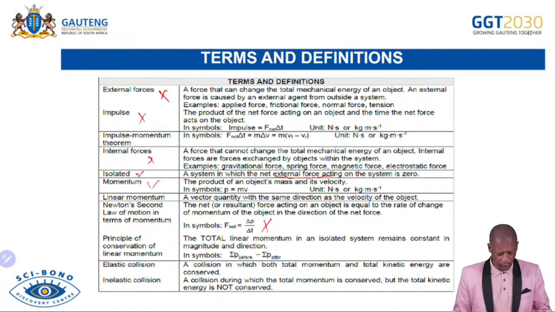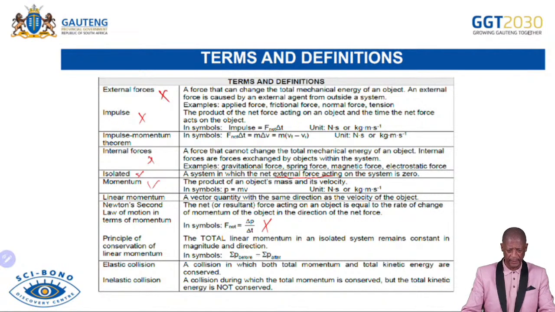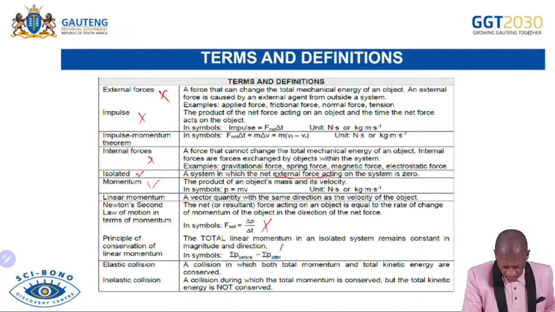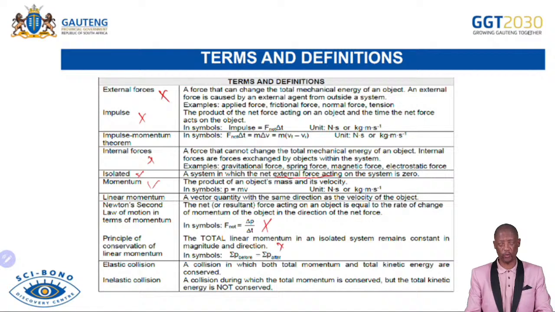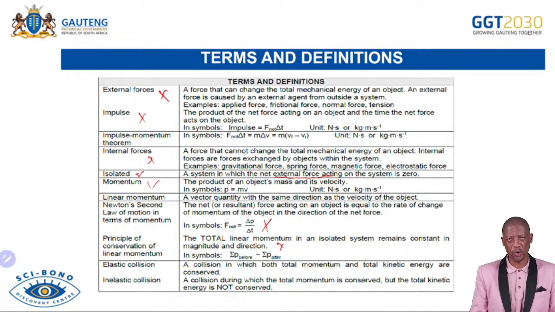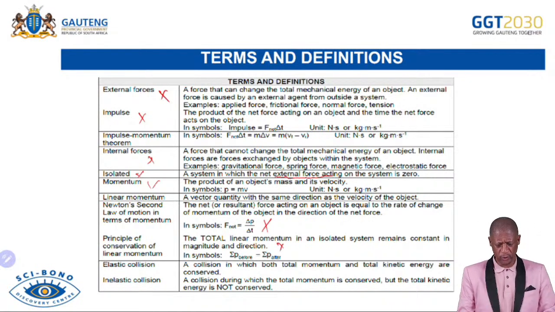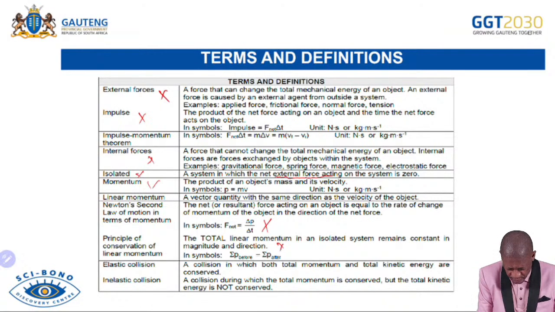Now, the law of conservation of linear momentum, that is what we are going to deal with today. The total linear momentum in an isolated system remains constant in both magnitude and direction. This is the law that you must know how to state. Notice that Total is in capital letters.